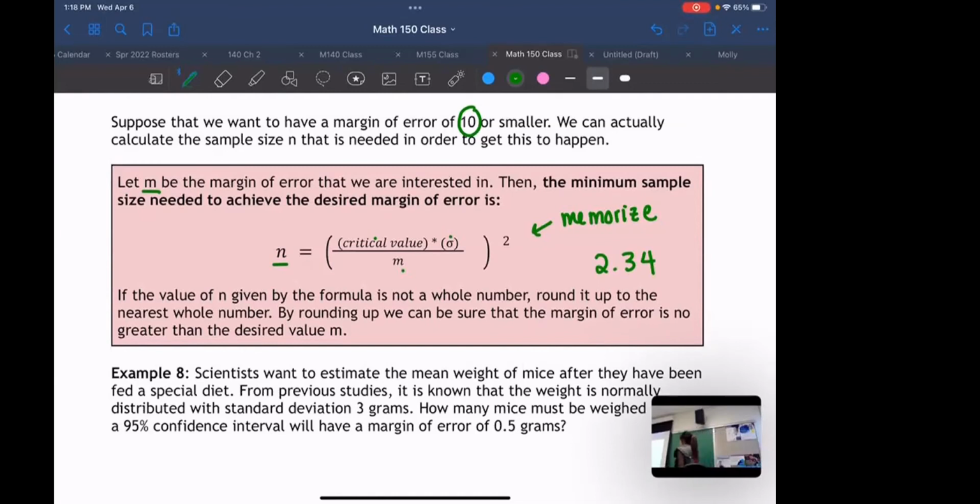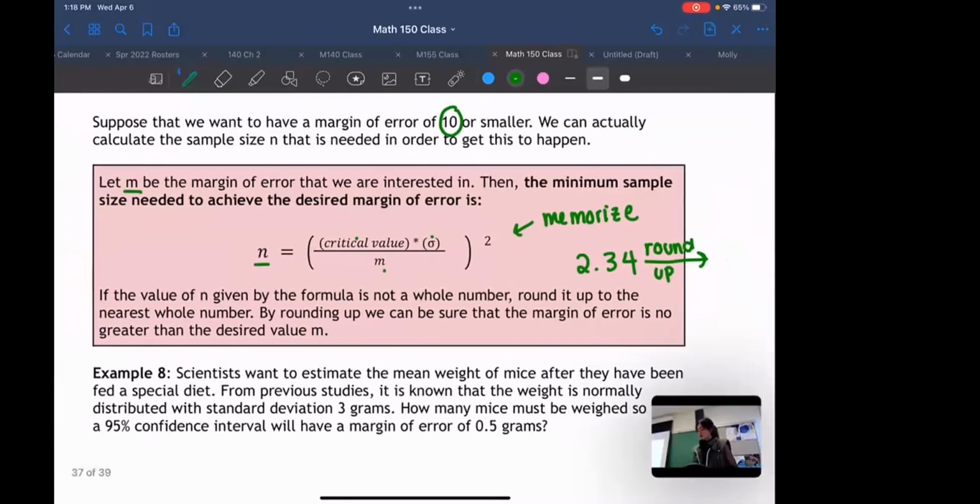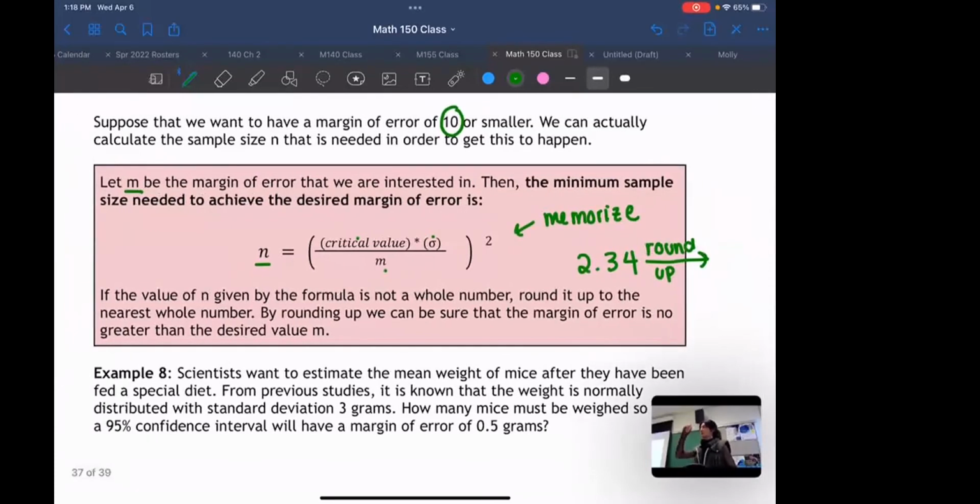Since we want to find the minimum size to achieve this margin of error, the guideline is we're always going to round up. So if my answer was 2.34, what would this number round up to? 3, good.